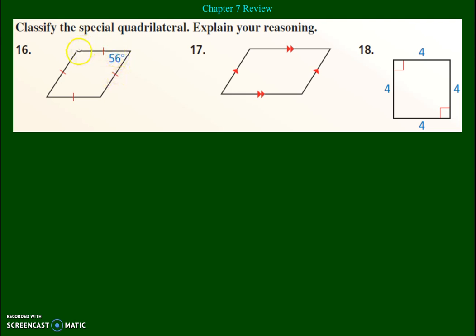Now, if this were to be a square, all these angles would have to be 90 degrees, and in fact they're not. This one's 56, so this one cannot be a square. This one must be a rhombus. Again, the reason, it has 4 congruent sides, but the angles are not all congruent, so it can't be a square. So let's just say that 16 is a rhombus.